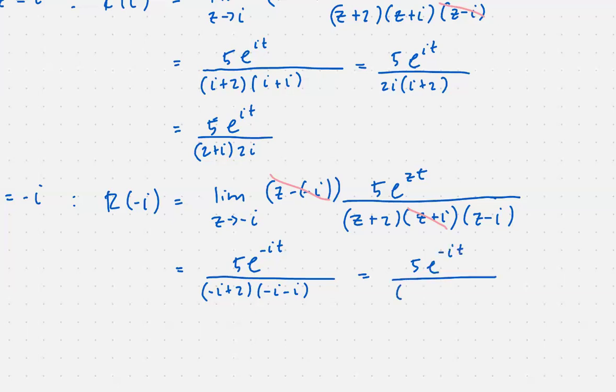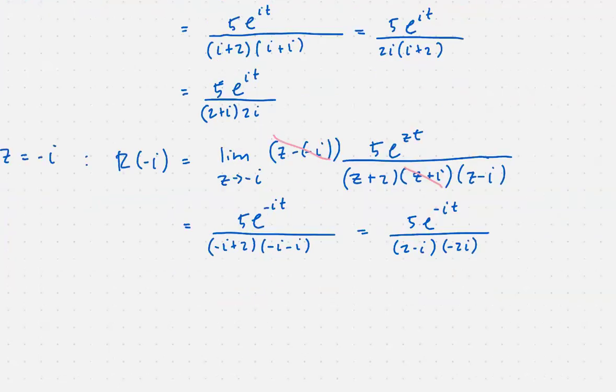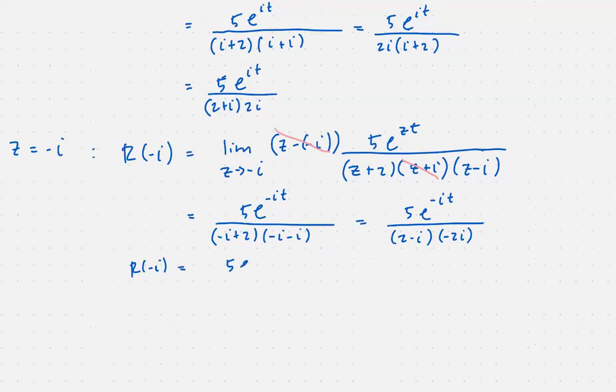Okay, so that is our residue at negative i: 5e raised to negative it over (2 minus i) times negative 2i.